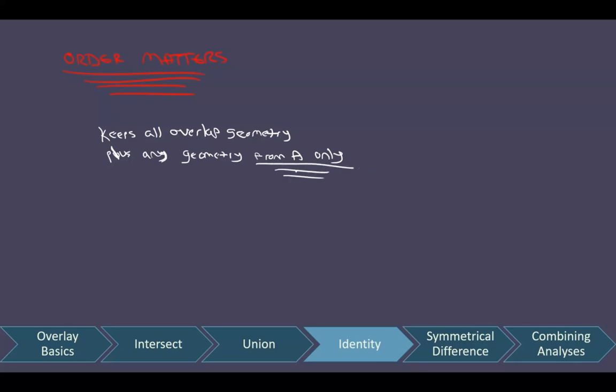So you can think of it kind of like union, but we're getting rid of anything that would have come from B. So what does that look like?